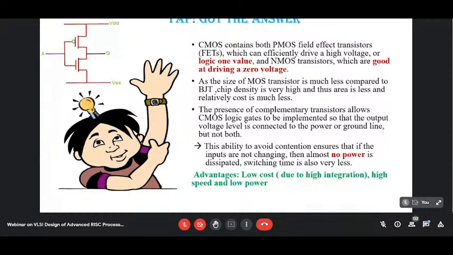And at any time, only one of these two transistors will be on. Both transistors cannot be on at the same time. So as a matter of fact, power dissipation will be very, very small, because the current flowing from VDD to VSS will be very small.